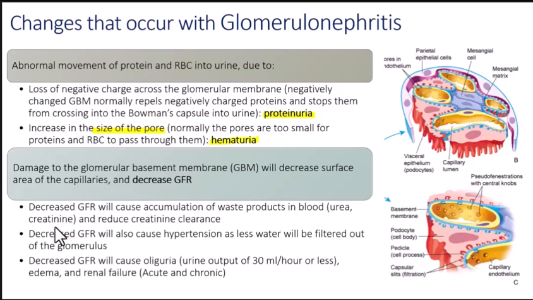So urea and creatinine are examples. We introduced those earlier on our term slide. And so from a testing standpoint, we would see a reduction in creatinine clearance, but we would also see an increase in urea and creatinine in the blood.